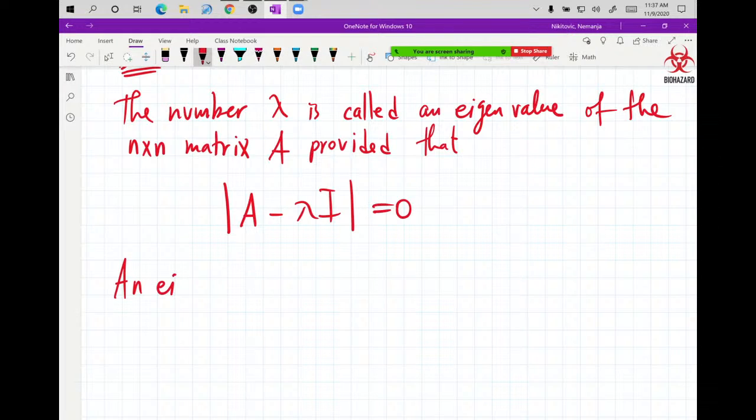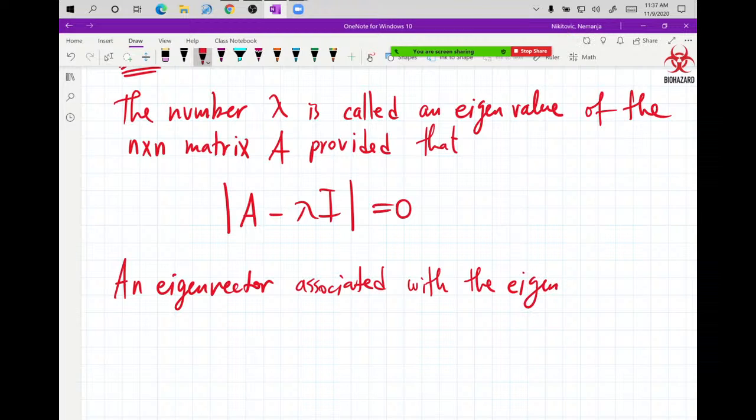An eigenvector associated with the eigenvalue lambda is a non-zero vector.